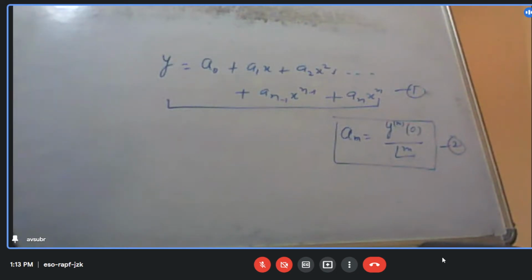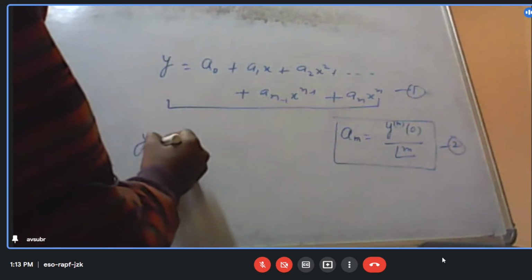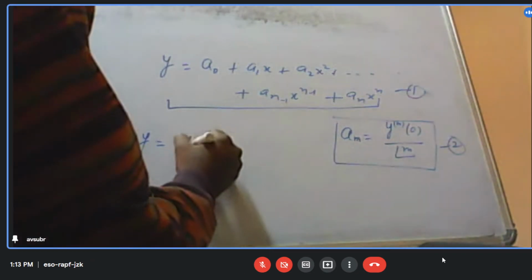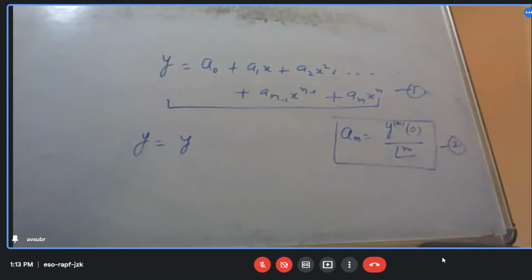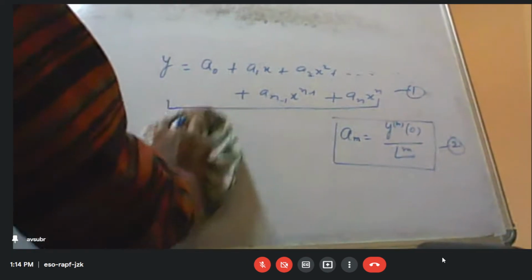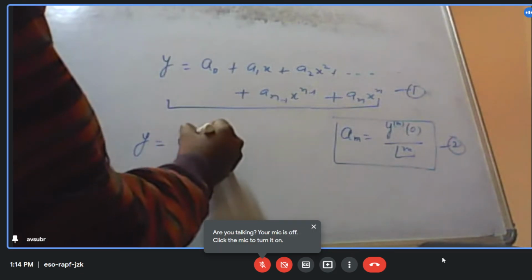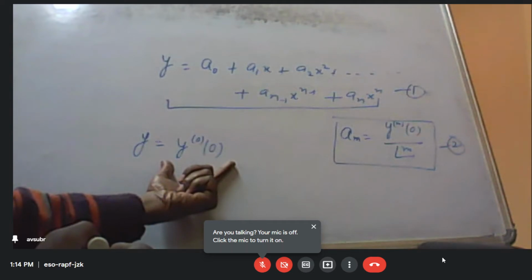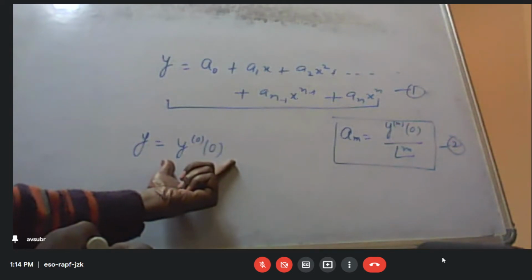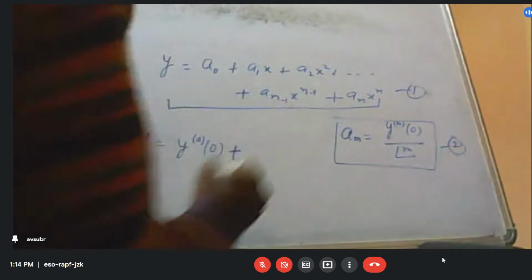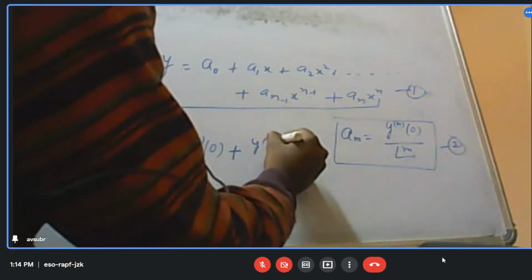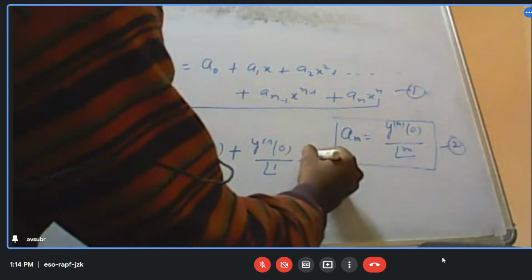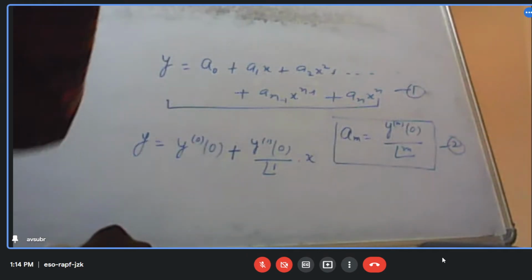But the point is that y will be equal to y0, where 0 means the original function. And a1 is equal to y1 at 0 by factorial 1, into x.